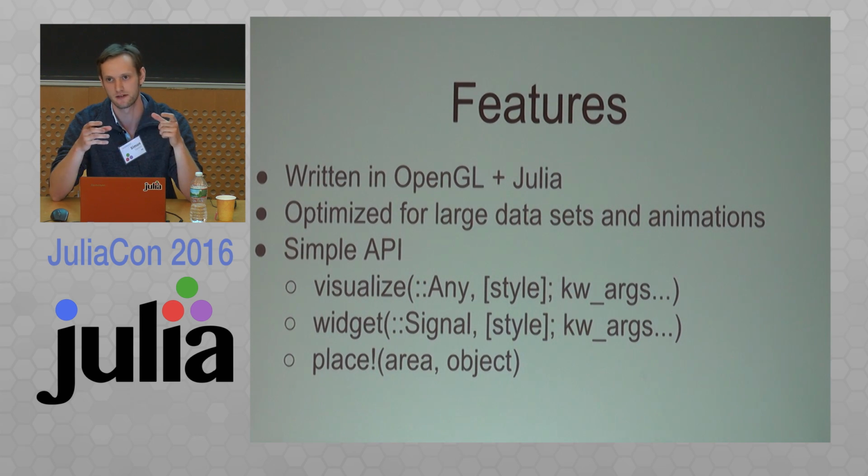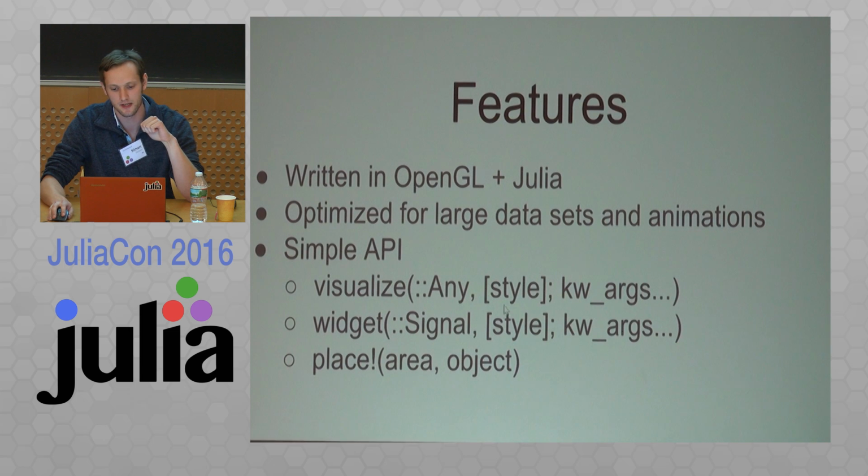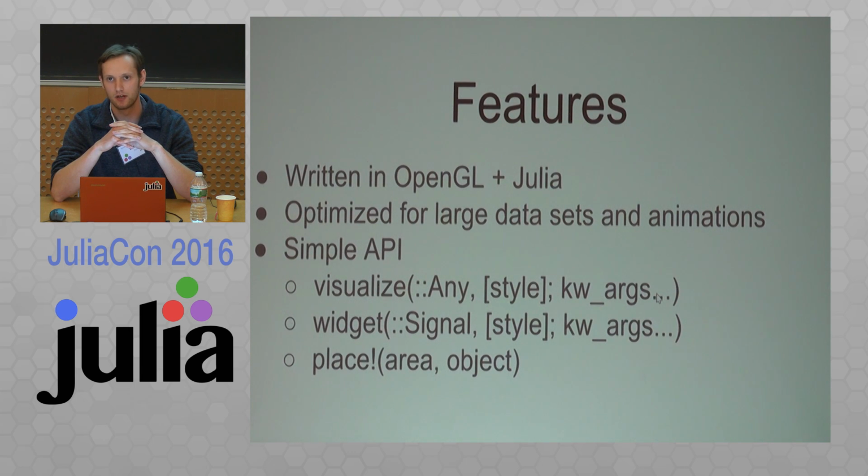So for example, if you have a matrix of floats, you could switch between having it printed basically as a textual representation, or have a height field, or have a bar plot of this. This would be done with the style keyword. And then you have the keyword arguments, which are used to customize every single parameter of the visualization.